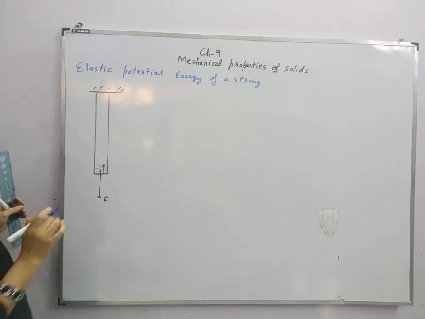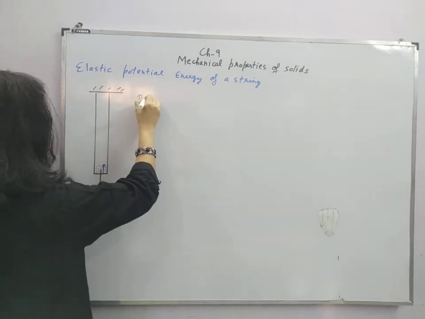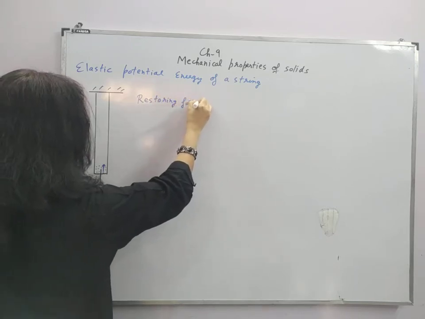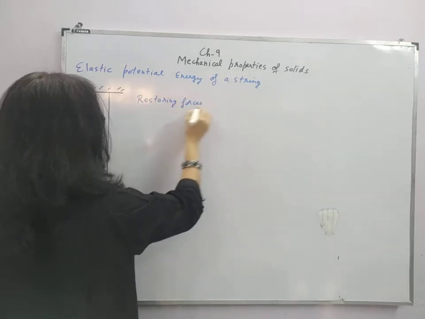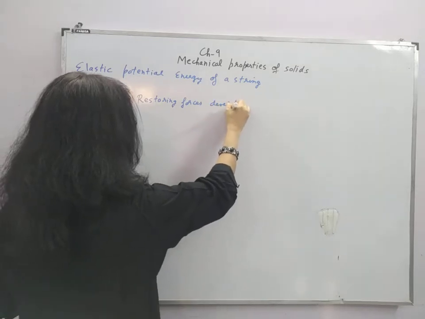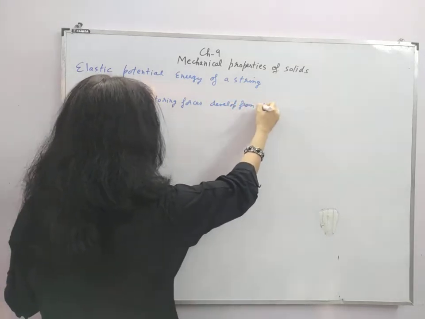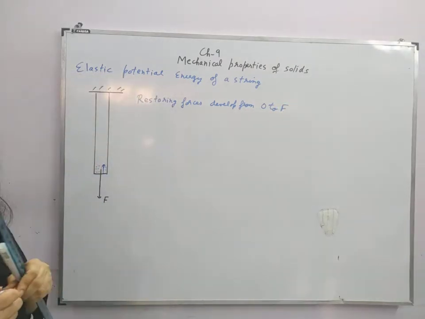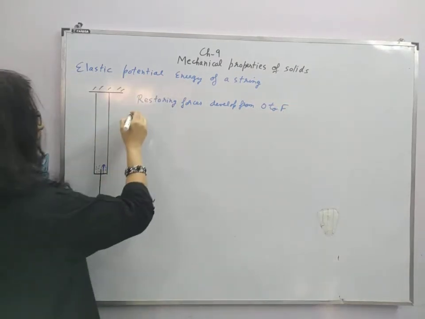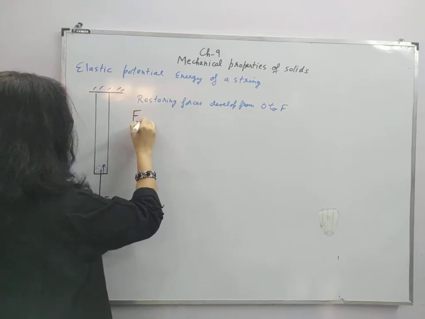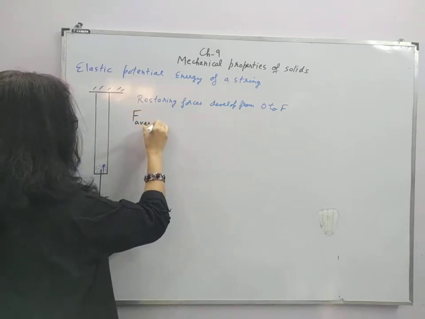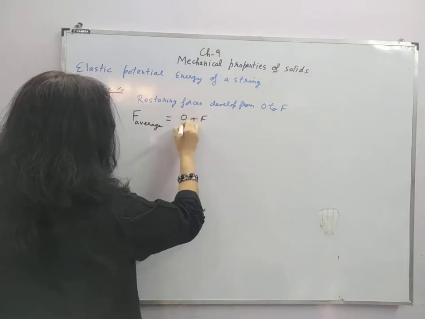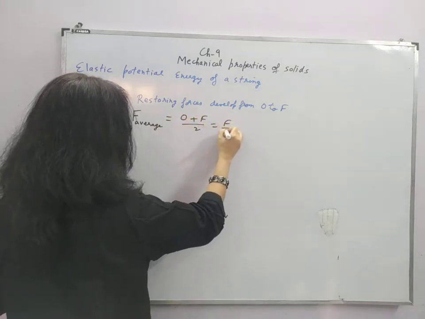But it will take some time. So the restoring forces develop from 0 to F, that is the maximum value, in some time. So the average restoring force will be (0 + F)/2, that is F/2.